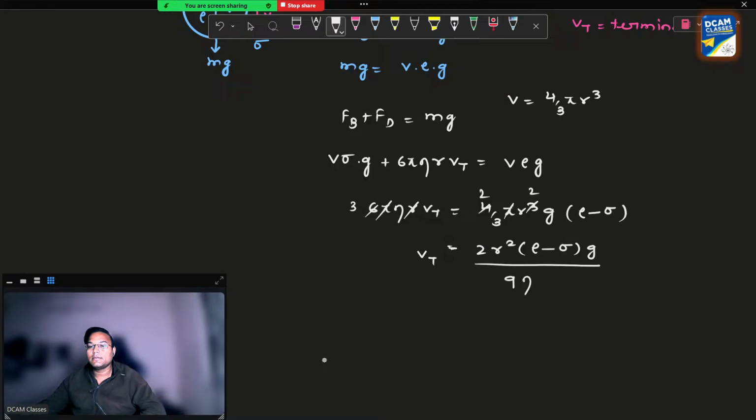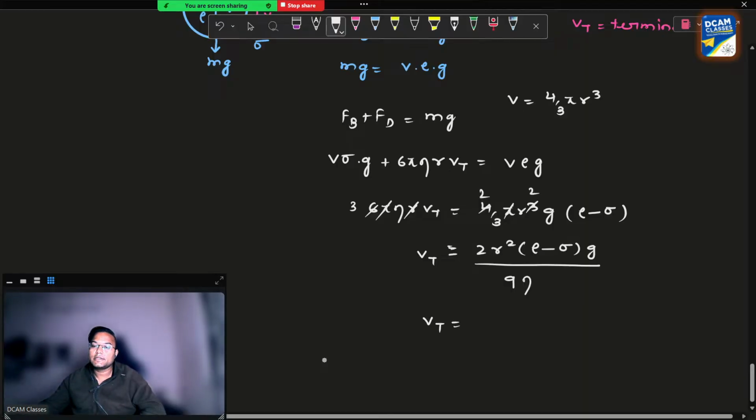This should be the terminal velocity expression. Let's check: 2r square, rho minus sigma, into g by 9 eta. Correct. So the terminal velocity expression is 2r square g into rho minus sigma by 9 eta.